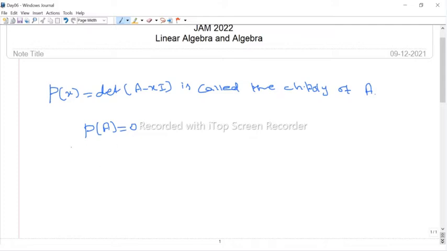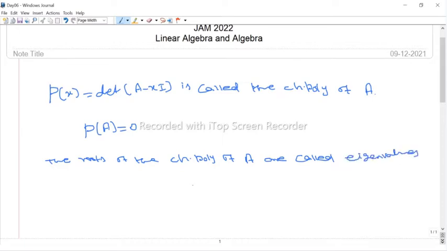And then the roots of P of x, that is the roots of the characteristic polynomial of A, are called eigenvalues or characteristic values. There are so many names: characteristic roots or characteristic values.